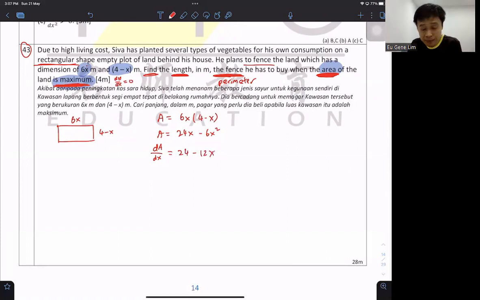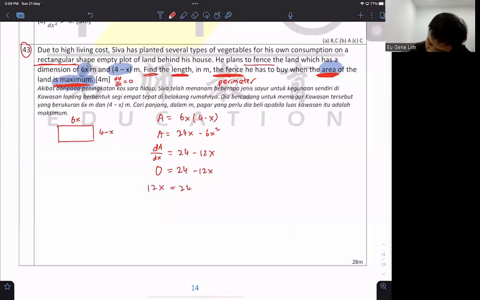Because the area is maximum, dA dx is 0. Instead of dy dx, this time it is dA dx. It's the same thing. So dA dx equals 24 minus 12x equals 0. So from here you can find x. Minus 12x you bring over, become positive 12x. x equals 24 over 12. x equals 2.